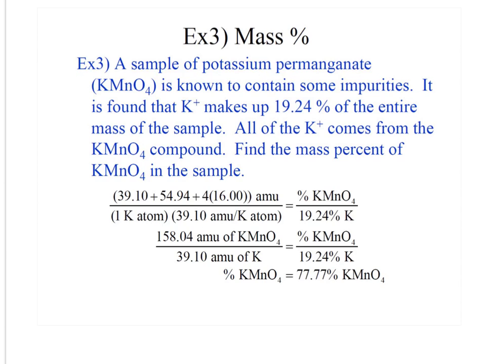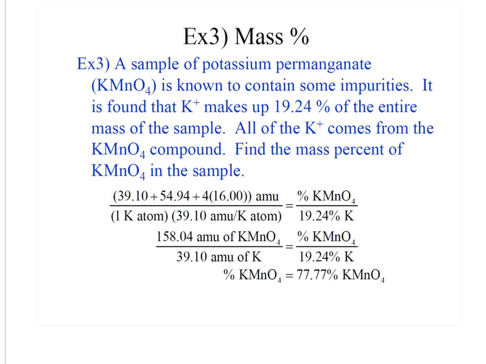A sample of potassium permanganate is known to contain some impurities. It is found that the potassium ion makes up 19.24% of the entire mass of the sample. All of the potassium ions come from the KMnO4 compound. Find the mass percent of potassium permanganate in the sample. To work out this type of problem, we need to set up a ratio and cross-multiply.